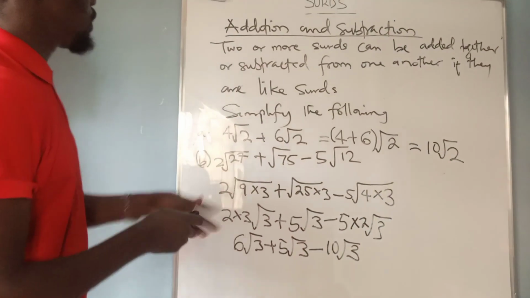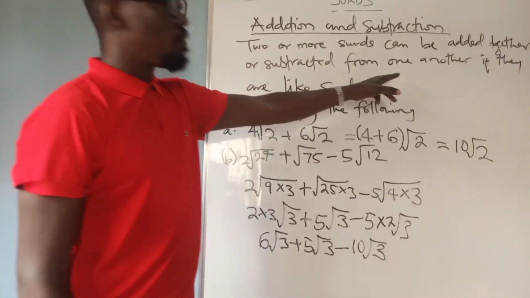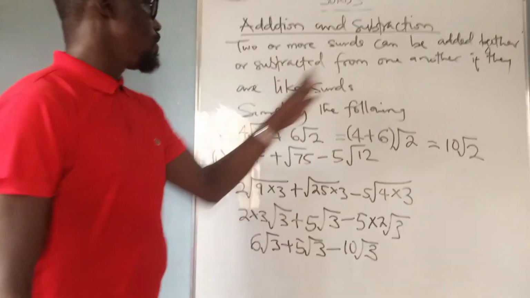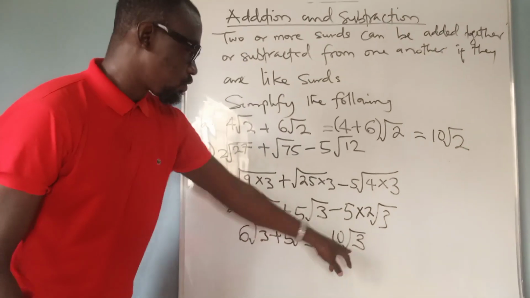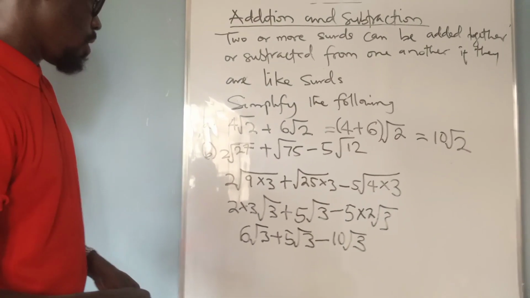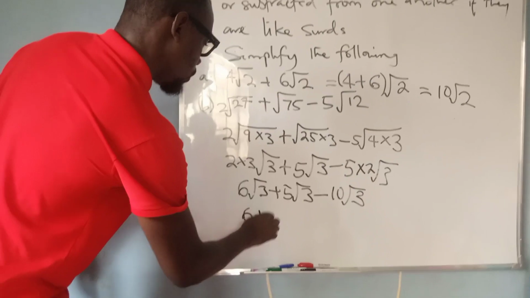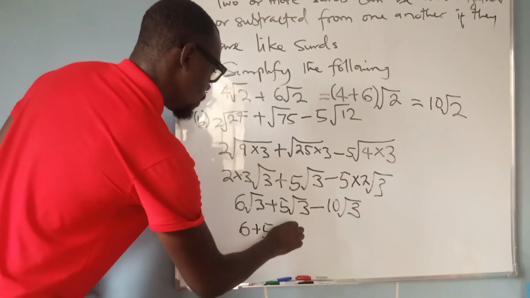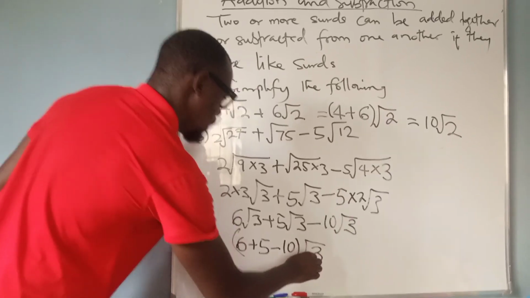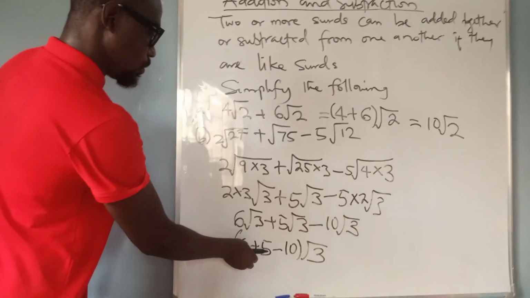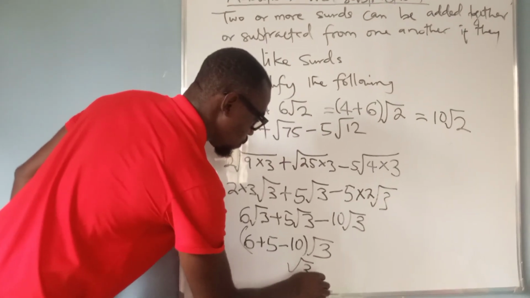Now, going back to the definition, two or more surds can be added together or subtracted from one another if they are like surds. Now we have like surds here. So how are you going to go about it? Now this is going to be 6 plus 5 minus 10, in brackets, square root 3. Now this is what? 11 minus 10, which is square root 3.